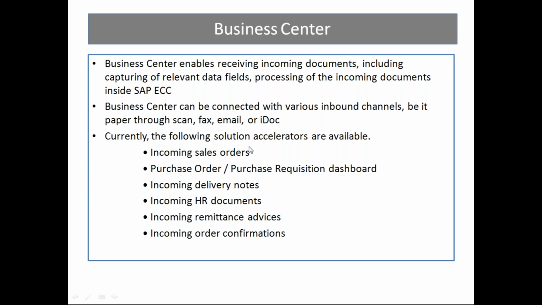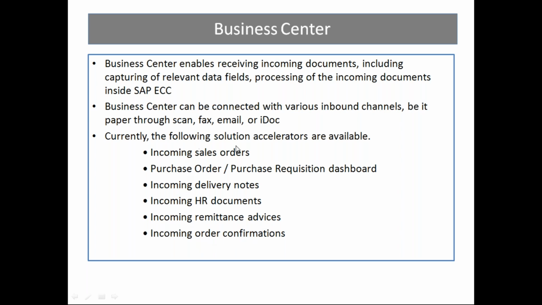And currently the following solution accelerators are available. The main advantage of the business center is that Vim is mainly used for processing vendor invoices, so IDH, the incoming document handler, only has information related to invoices. But if you use the business center component, we can process all kinds of documents like sales orders, purchase orders, purchase requisitions, delivery notes, HR documents, remittance advices, and order confirmations.